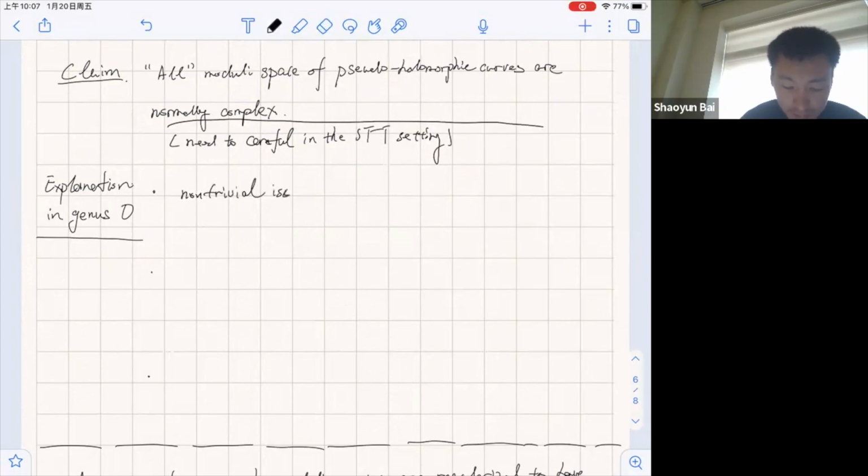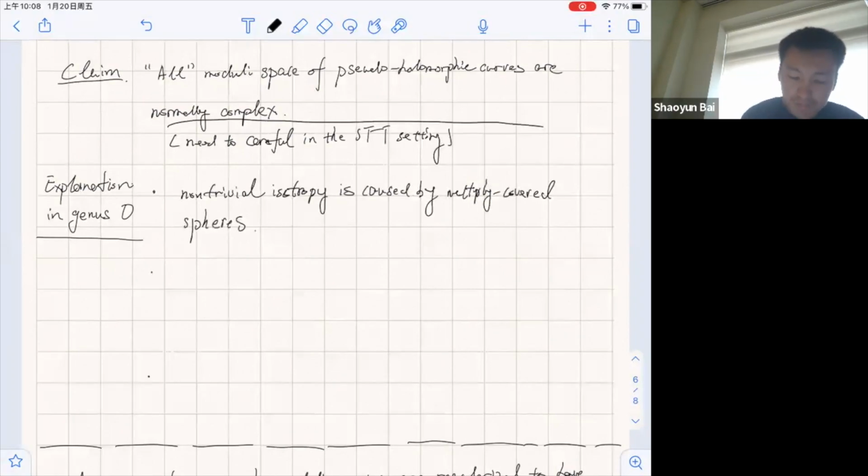Non-trivial isotropy is caused by multiply covered spheres. And if we have such a multiply covered sphere, which causes this non-triviality of isotropy, let's say we take the underlying stable map.